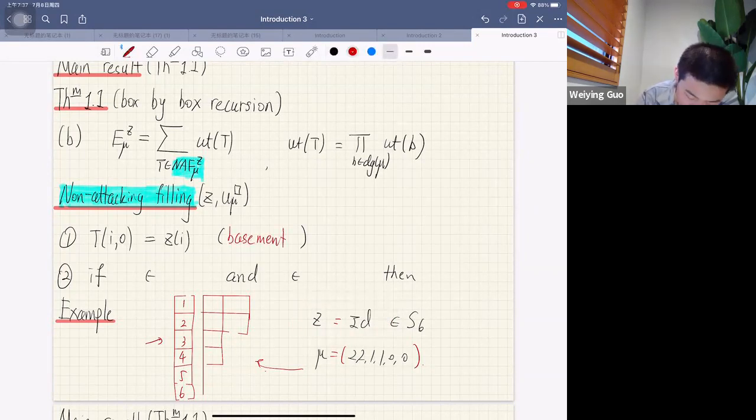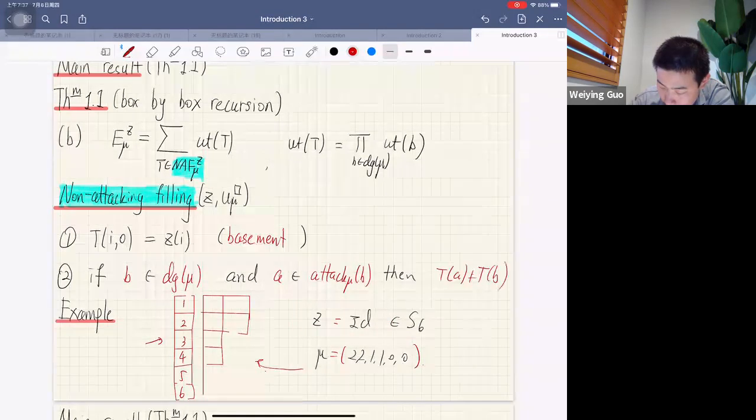And now if we take some boxes, call them A and B, inside our diagram mu, and A is in the attacking boxes of B, then we require the fillings to be different. For example, in this case, we have a non-attacking filling that looks like this.